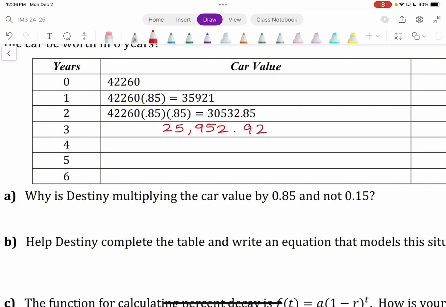The fourth year, it would be worth 22,059 with 98 cents. The fifth year, it's only worth 18,750.99. And then finally, after 6 years, it's worth 15,938 with 34 cents, roughly adjusted.